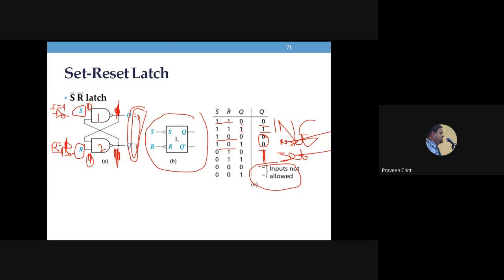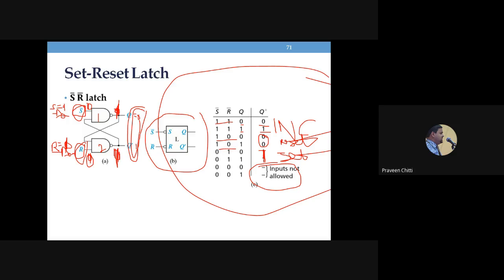But the only thing is, here we have to give the inputs in complemented form, that is S bar and R bar. Why are we giving them in complemented form? To retain the same truth table. If you don't give it in complement, if you write this as S and R, maybe the set and reset and no change and the forbidden state will be exchanged. So to avoid that, we have given the inputs in complemented form so that we can have the same truth table.